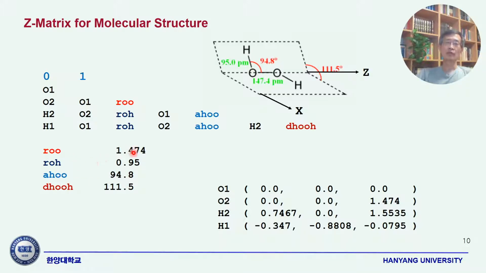When you make a geometry optimization based on the G matrix, you need to specify which variables you optimize, that is, which variables are changed along the optimization steps.